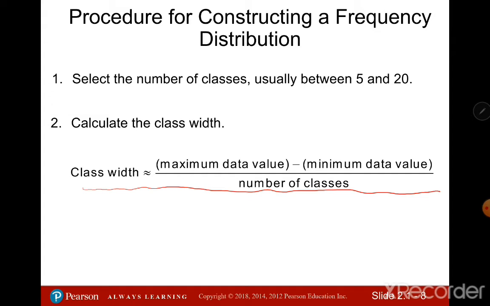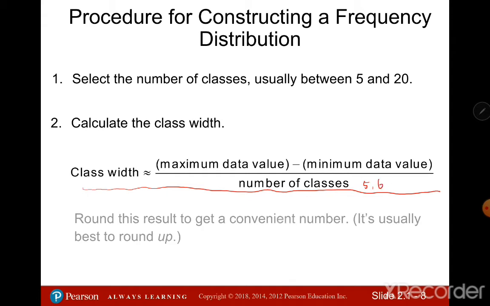So we find the difference between the maximum value and the minimum value, then divide by the number of classes. We defined the number of classes. So just like I said, basically it's 5, 6, something like that. And we always round our class width to a convenient number. So it will be easy to get the table, right?